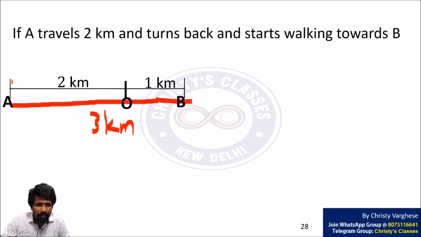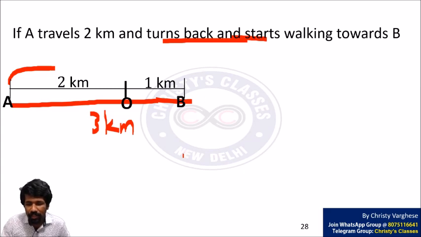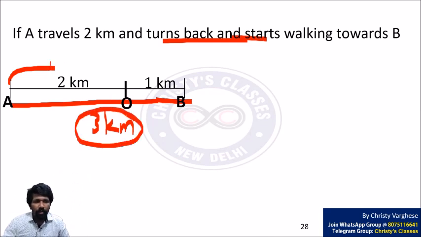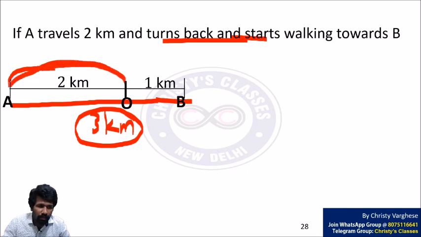Now A decides that A will turn back and start walking towards B so that he can meet B. As the speed is in kilometers per hour, we will consider 1 hour of travel, just like the previous question. So 3 kilometers should be travelled. Now A travelling 1 hour means 2 kilometers, because 2 kilometers per hour is the speed of A. But unfortunately B will not stay there.